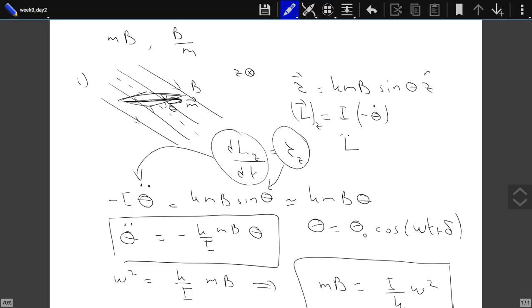So if you like, L is equal to I theta dot, but in the minus z direction. So it's all dependent on our reference. I mean, you see, I could have chosen the z direction to be in this direction. Then I wouldn't have minus in the definition of Lz, but I would have a minus sign in the definition of the torque.